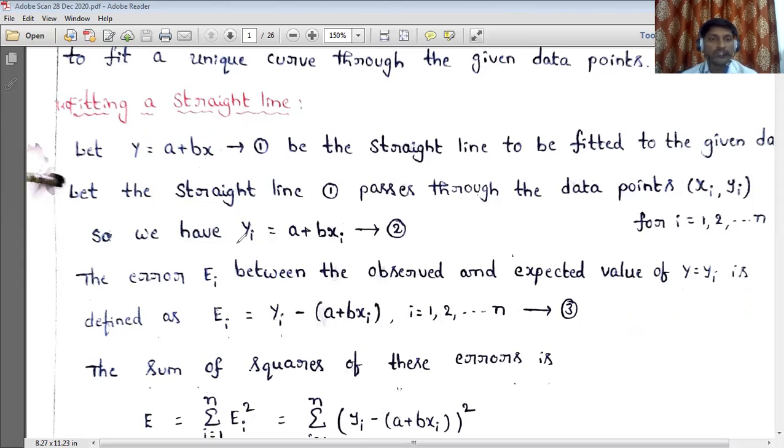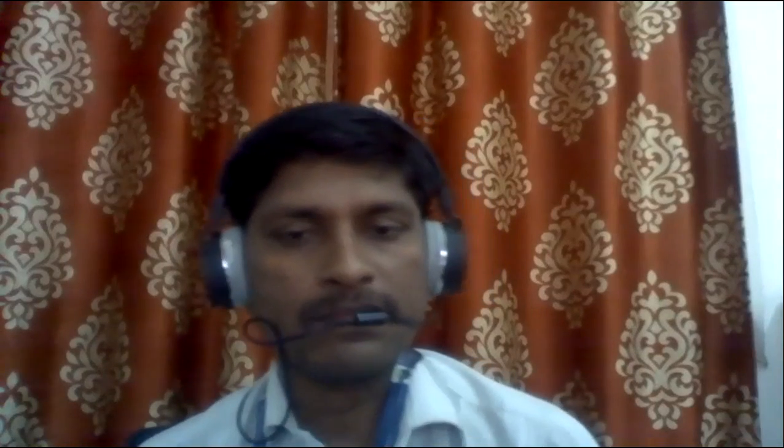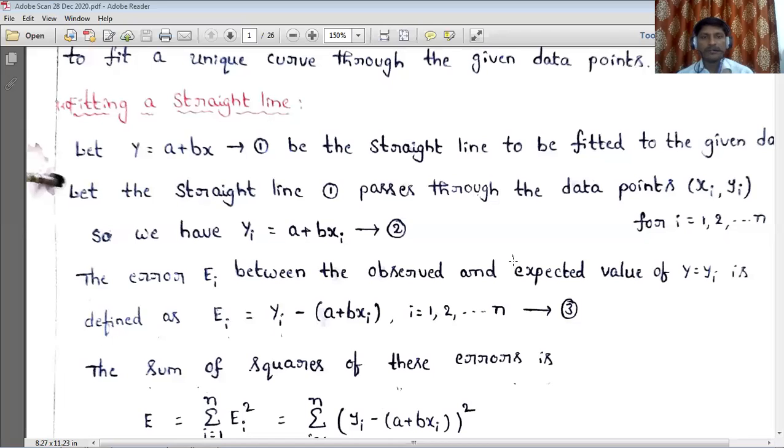So we are writing yi is equal to a plus bxi. This is the exact one, and another one is what passes through the data. So obviously some error will come.